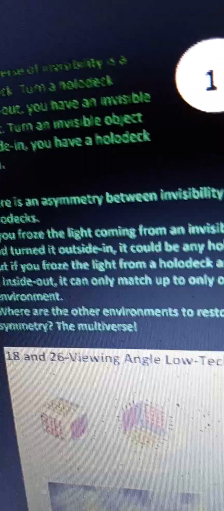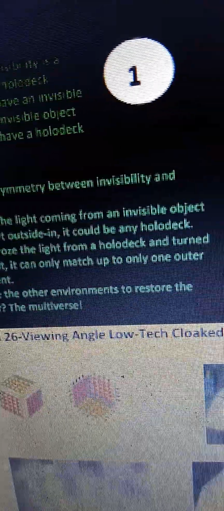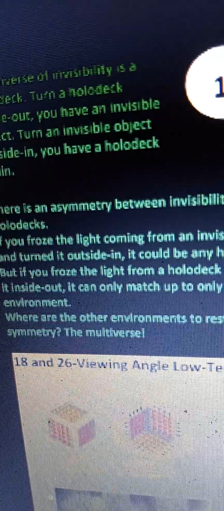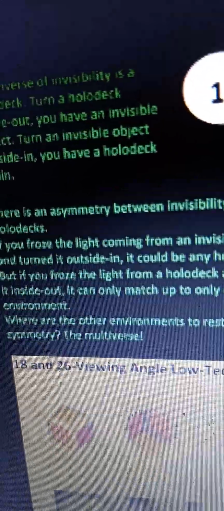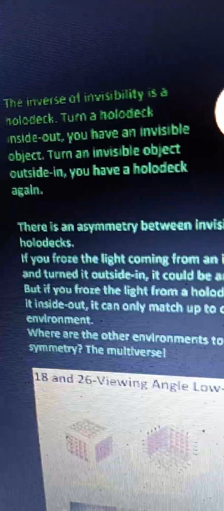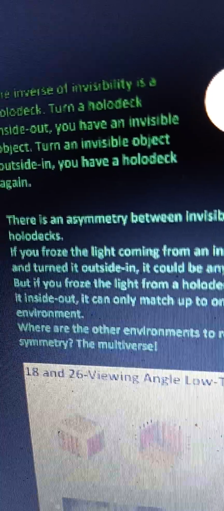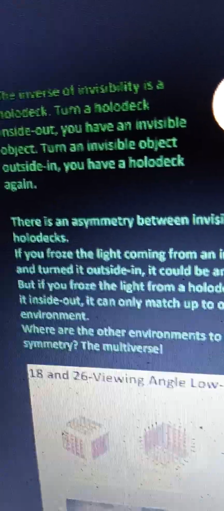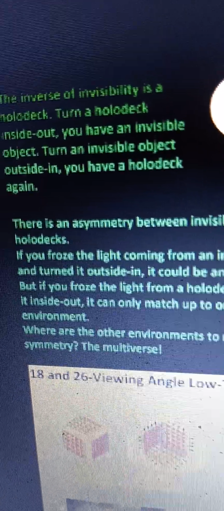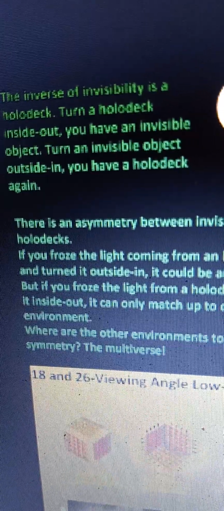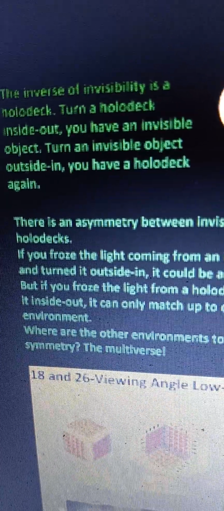But if you froze the light from a holodeck and turned it inside out, it can only match up to only one outer environment, because the holodeck would have to match up necessarily to blend into an outside world. And there would be only one for that frozen light holodeck.